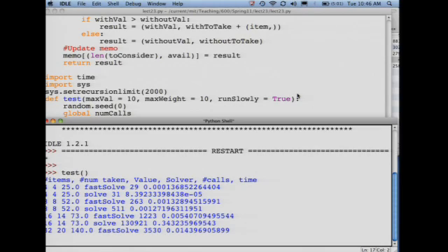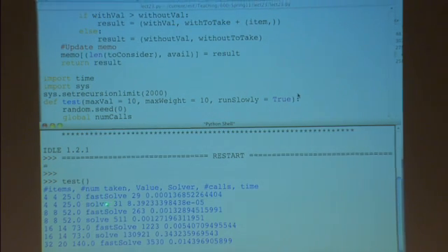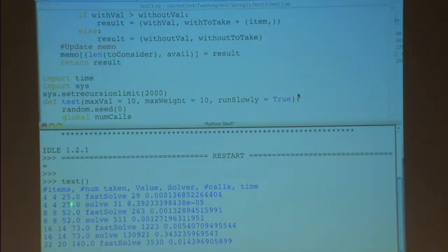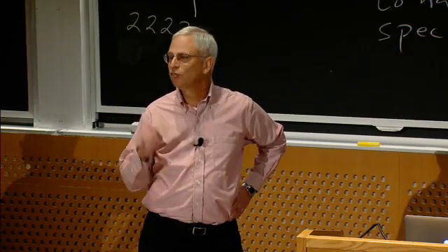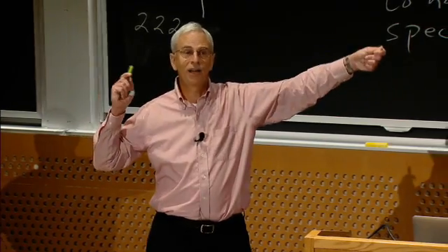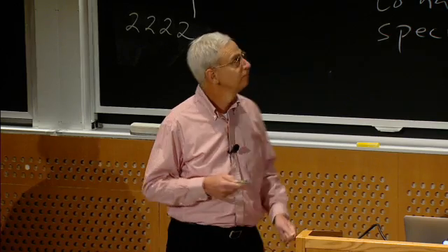And we see that if I have 4 items, fastSolve made 29 calls, took this much time. The good news, by the way, you'll notice that fastSolve and solve gave me the same value each time. We would hope so, right? Because they're both supposed to find an optimal solution. They could find different sets of items. That would be OK. But they better add up to the same value.